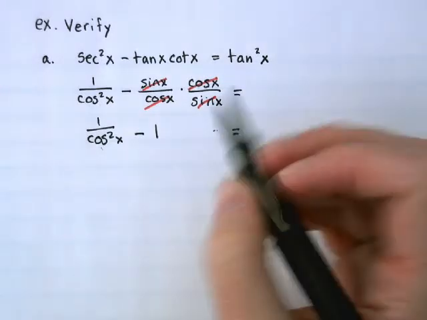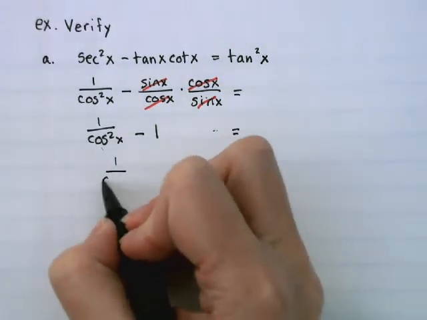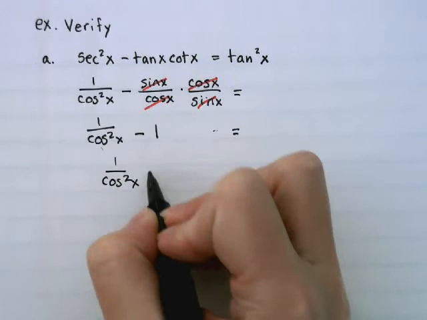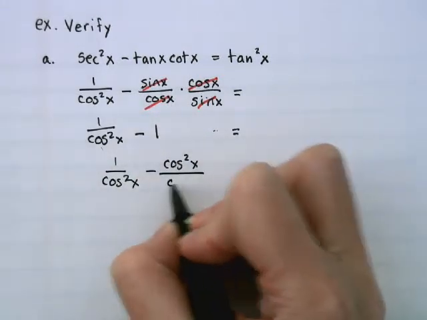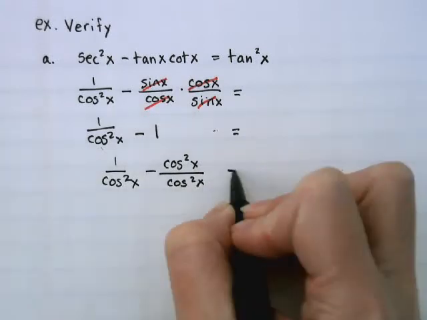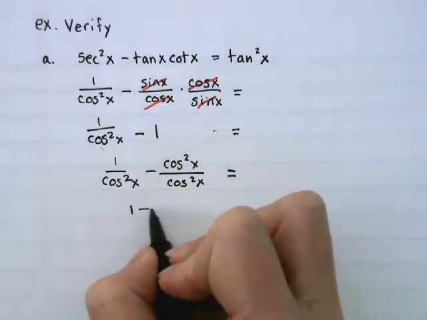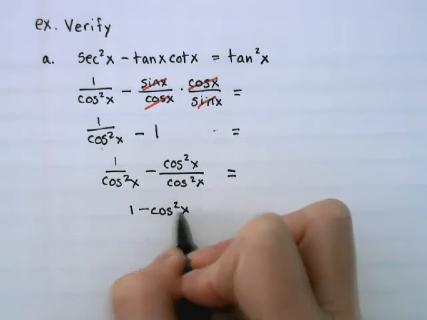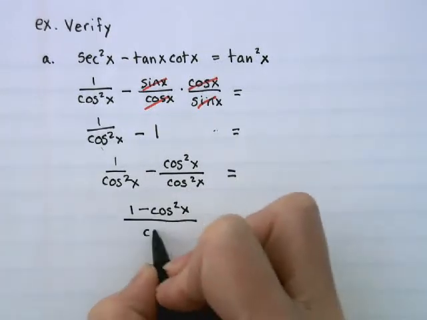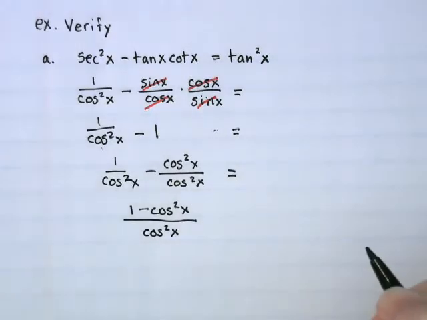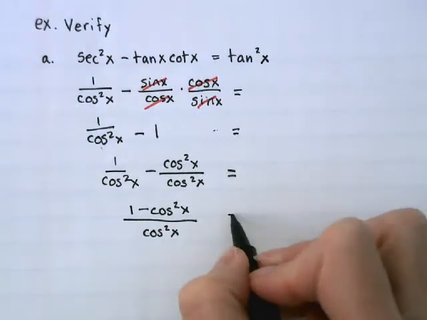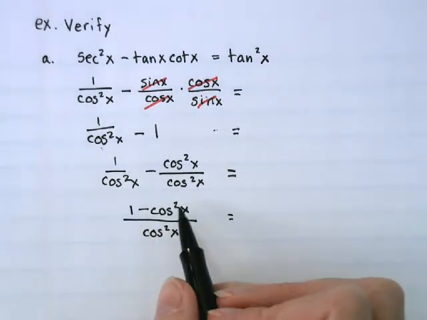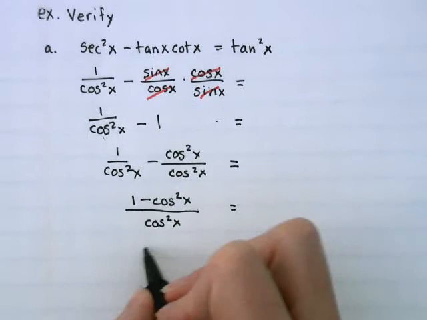Okay, so now we get to this point where I'm trying to get this to equal tangent squared. Okay, well I can do that by getting a common denominator. So I'm going to replace this with cosine squared x over cosine squared x. So that's now 1 minus cosine squared over cosine squared. 1 minus cosine squared, and the more we do these, the more you will just automatically see that's equal to sine squared.